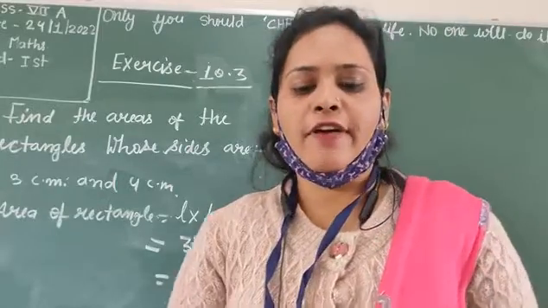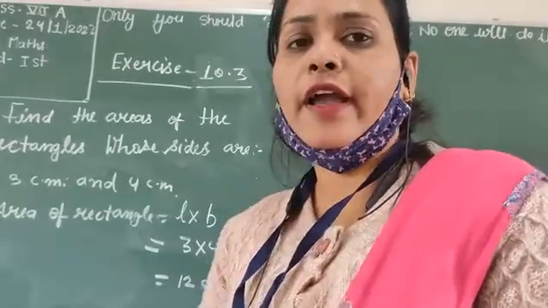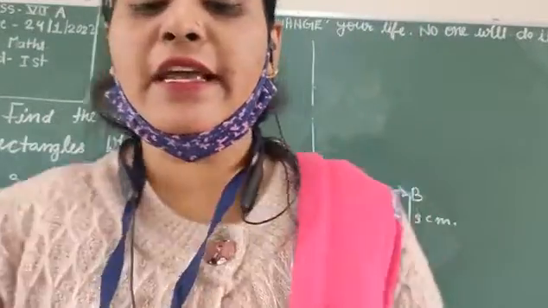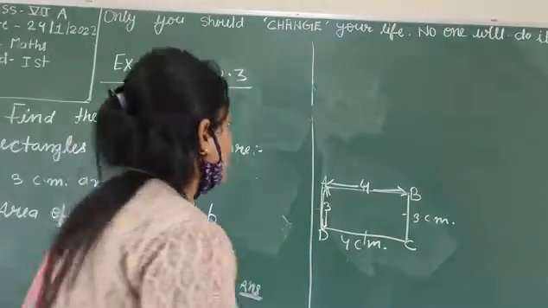Now second one: find the areas of the squares whose sides are given. Which type of shape is here?